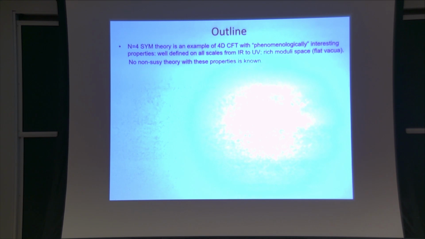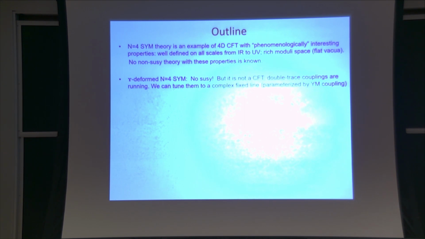Here, of course, I also will pretend that, so actually I will describe gamma-deformed super-Yang-Mills, n equals 4 super-Yang-Mills. The supersymmetry is completely broken, but it is not a CFT anymore normally, because the double trace couplings are generated and they start running.